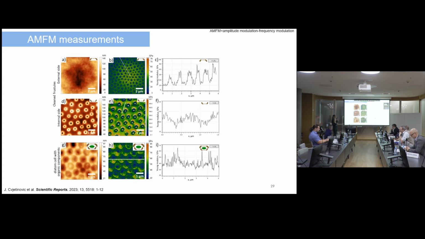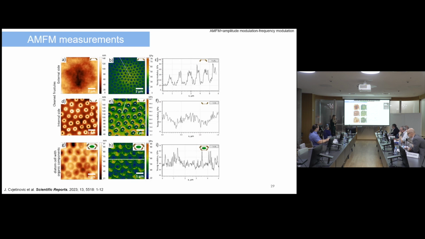And what do we see? Again, a comparison between cleaned frustules and diatom cells with organic components. We observed that the Young's modulus values along these white lines are up to 2 times higher than values obtained using the standard force distance curves.